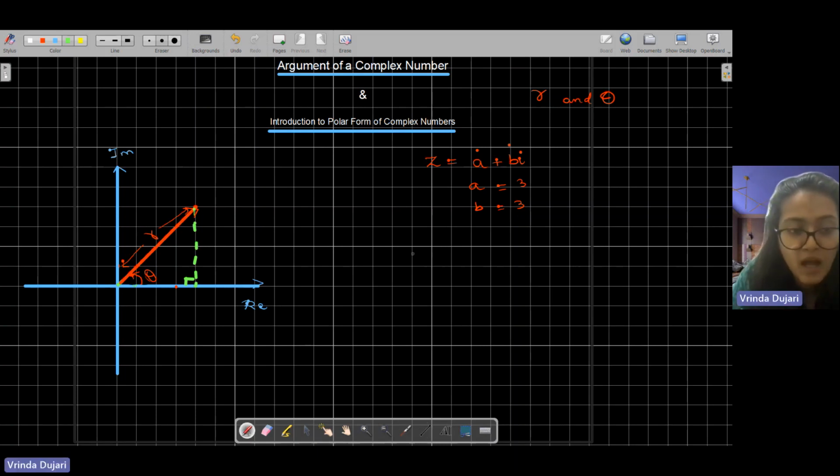All right, now, and this was my complex number, like the coordinates of this point are a comma b, which means that this particular length is b units, and this particular thing is a units.